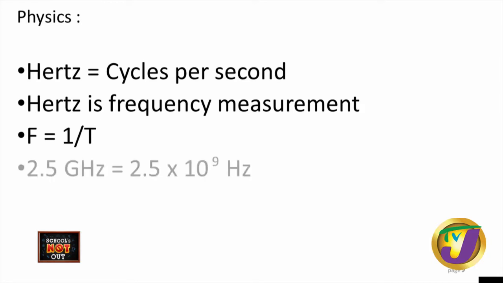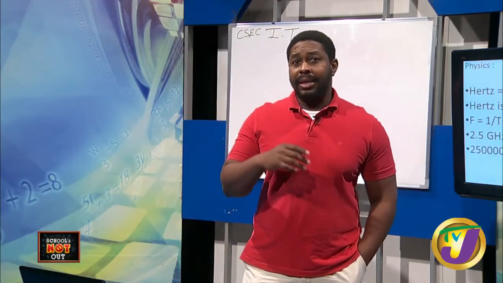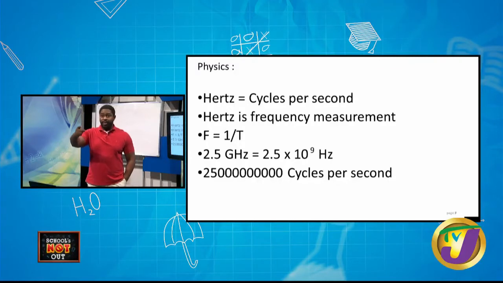So what we're seeing, when you see 2.5 gigahertz, it actually means 2.5 times 10 to the 9 hertz, which means that your computer is operating at that big number there, 2, 5, and 8 zeros cycles per second. So it can possibly complete that amount of instructions per second.